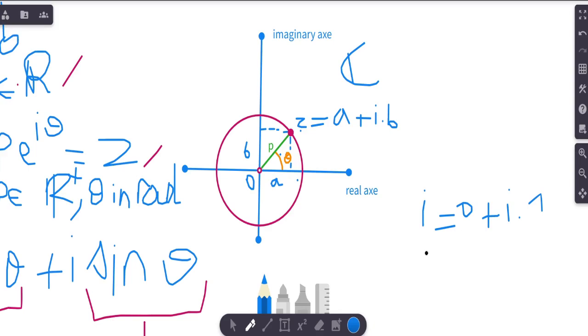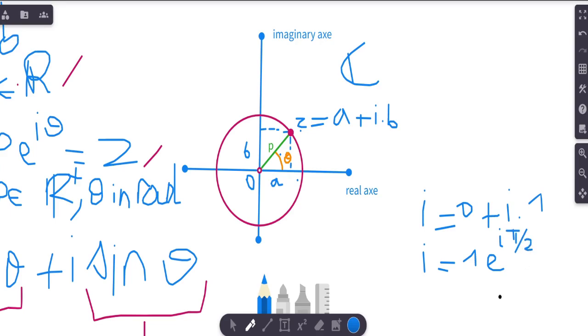And if we want to rewrite i in the exponential form, it would be i equals 1 times e to the i, and the angle theta would be pi divided by 2.